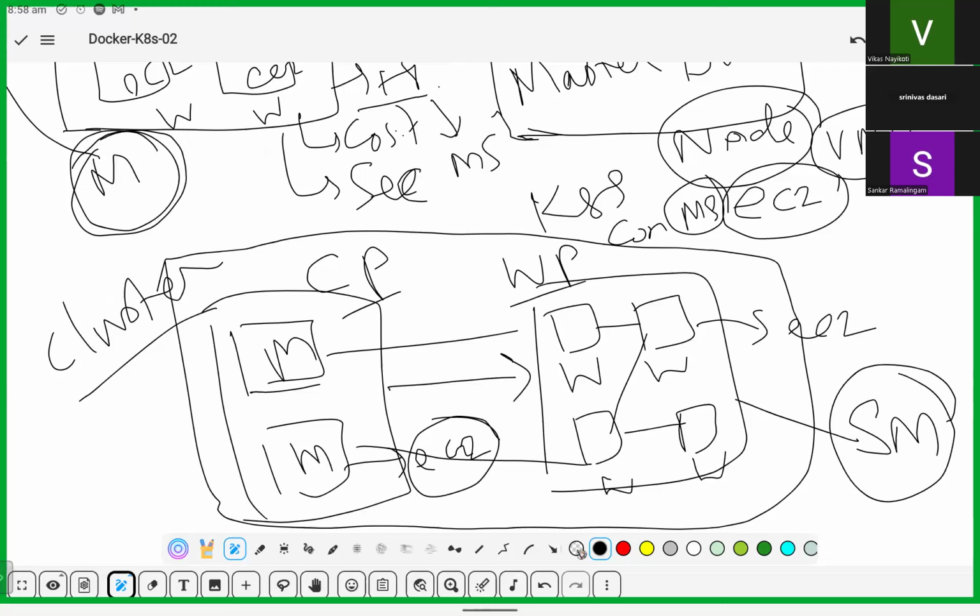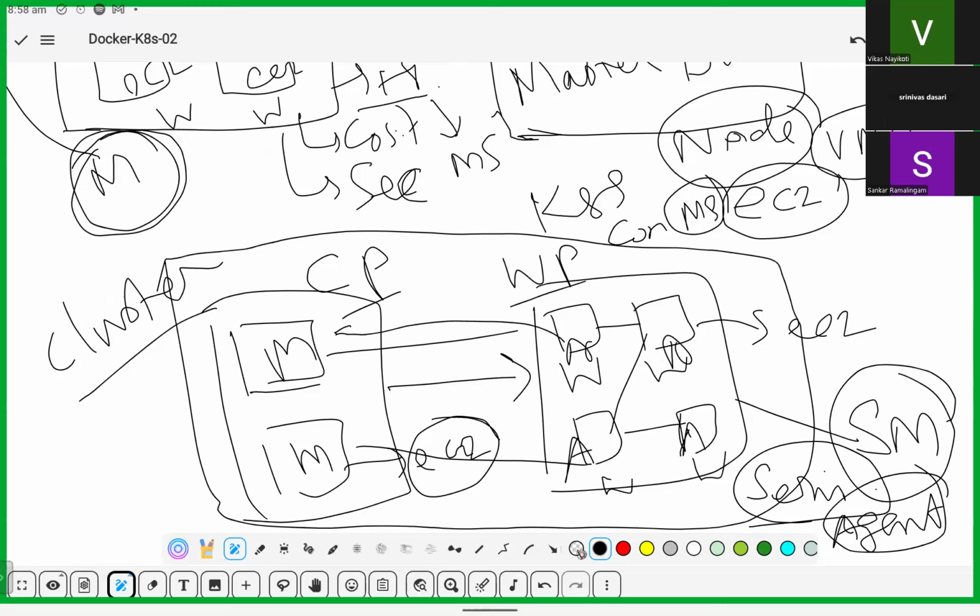Basically, it requires an agent to be running on these machines to make sure they communicate, so the master node can communicate with the worker node. Even in the case of ECS, there is an agent running on EC2 that is used by ECS to take care of the EC2 instances. Any questions at this point?